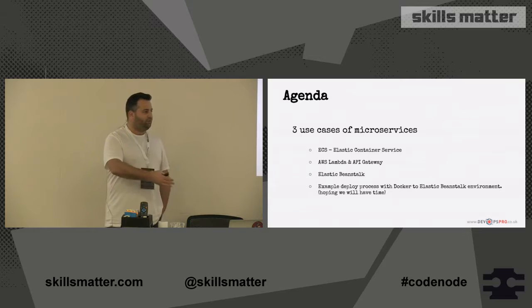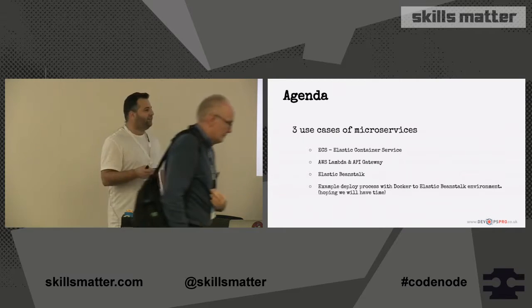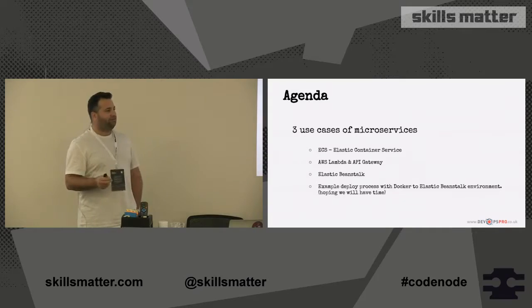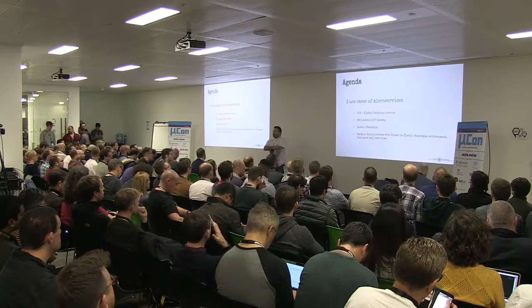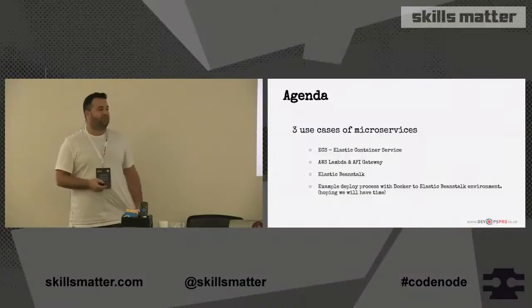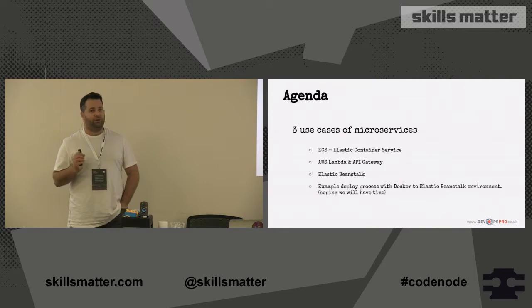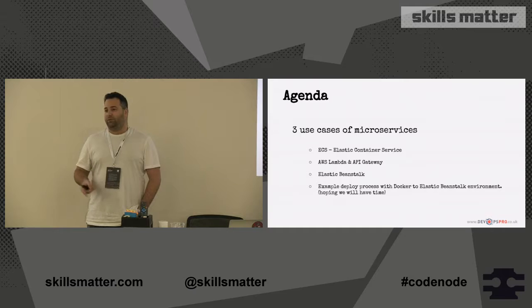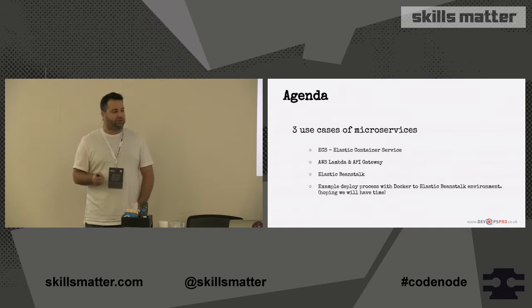ECS allows you to run your Docker containers, currently only Docker, on Amazon in a scalable way. The second one is a new buzzword, not so new, but starting to catch up, which is serverless. Serverless is done in AWS using AWS Lambda and AWS API Gateway. And the last one is Elastic Beanstalk.